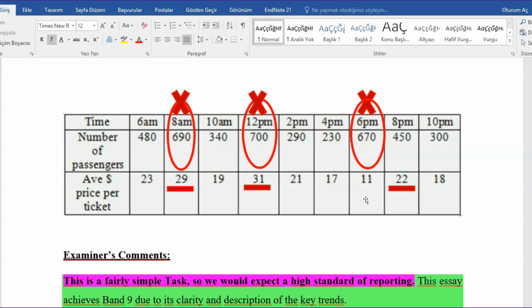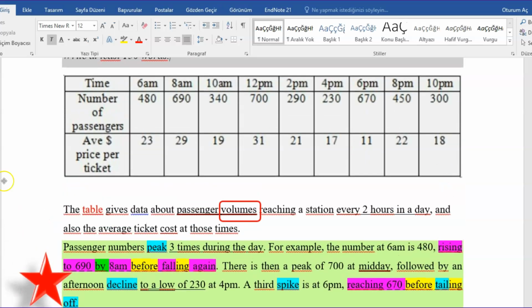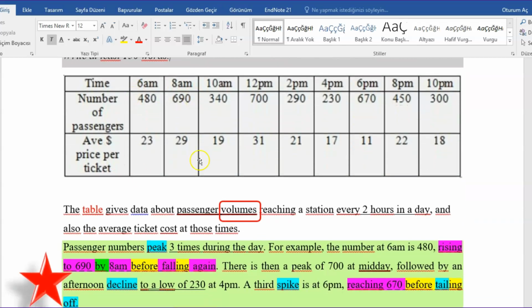Okay, let's go on. We changed the chart to a table. The table gives data, and there is no year, therefore we have to write in the present tense.